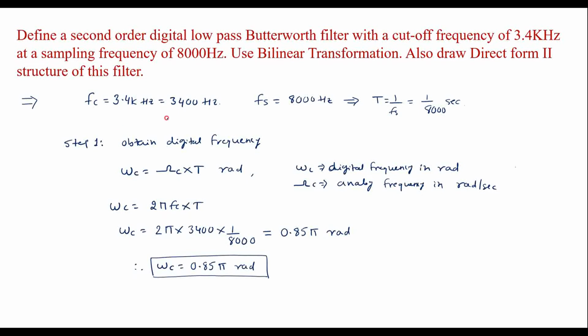Now the second step in bilinear transformation is we are supposed to obtain pre-warped analog frequency.